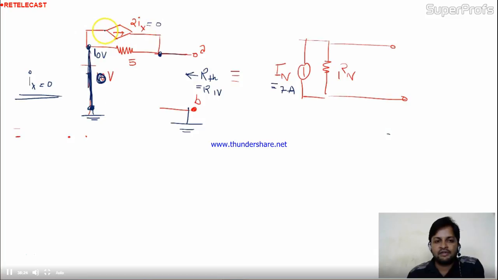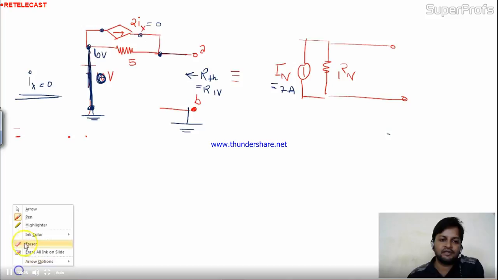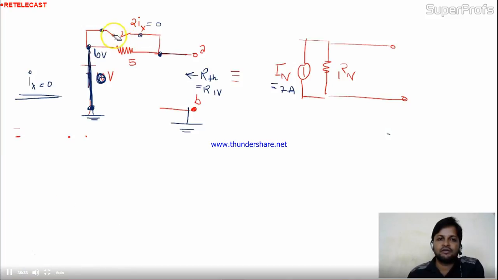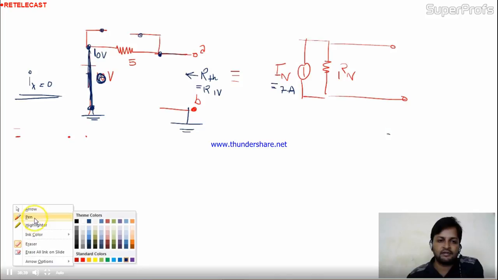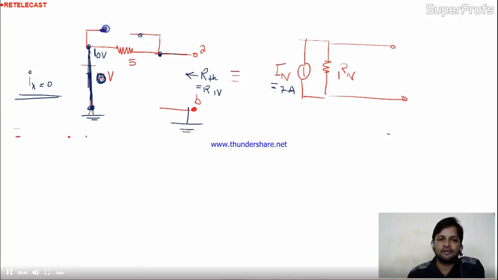Current is 0 means this is an open circuit. No current in the circuit. This is an open circuit. Because we got the value of Ix, it's 0, so now the circuit will be open, the current will be 0 here, right?